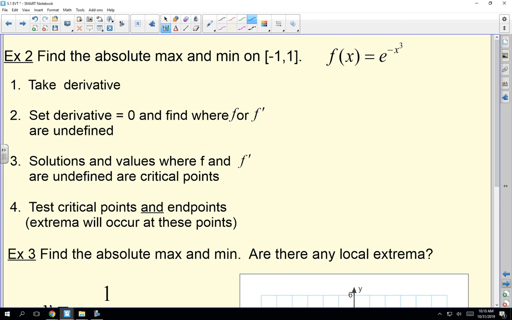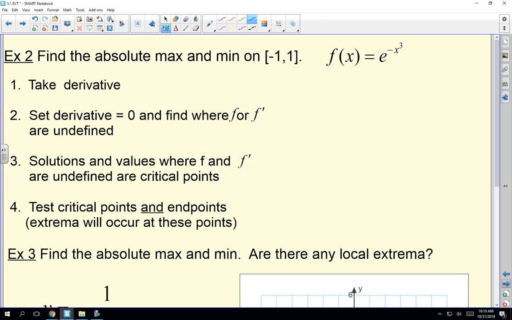And then to find all the critical points, we're going to set the derivative equal to 0 and also find any places where f or f prime are undefined.